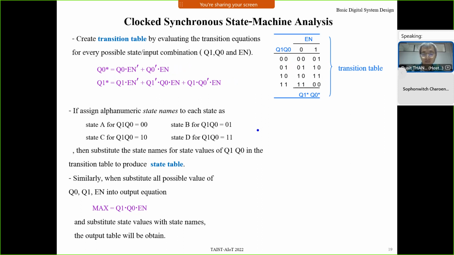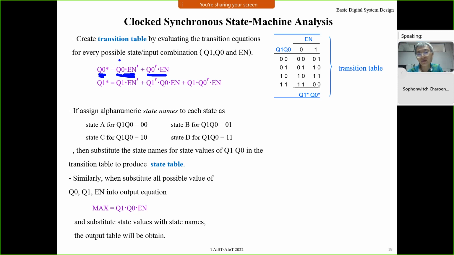Anyway, it takes time, right? If you substitute for every case from these 8 possibilities. So I just show you some technique you can consider, by asking the question of what makes this term become 1. For example, this one will be 1 when this term is 1, right?